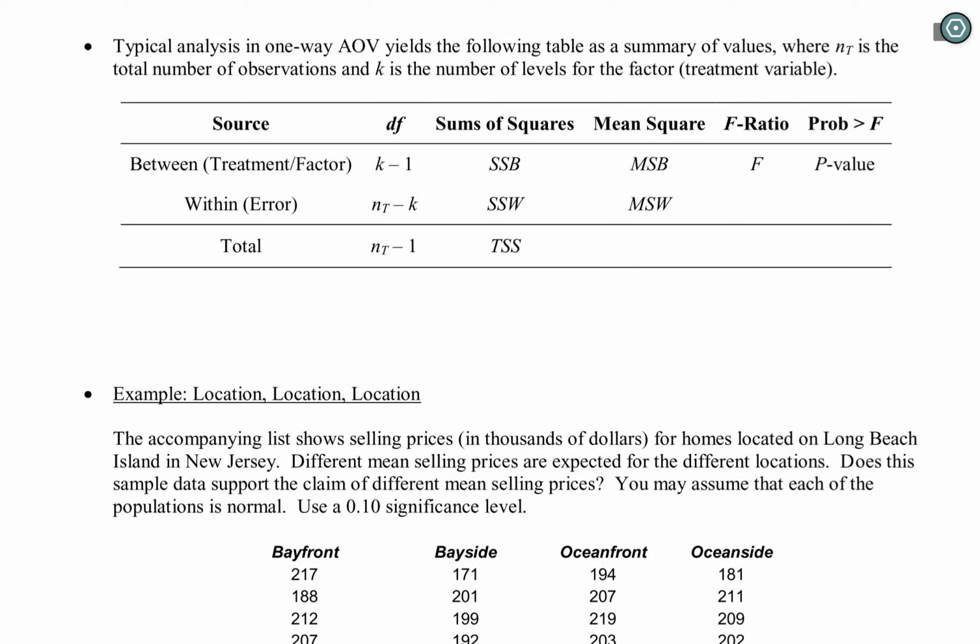Let me back up. It basically tells us, okay, there's variability in the data, there's variability in the response, and some of that variability is attributed to the treatment or the factor, and this is a measure of that. And some of the variability is attributed to error, or in other words, is unexplained by the factor or the treatment, and this is a measure of that unexplained variability.